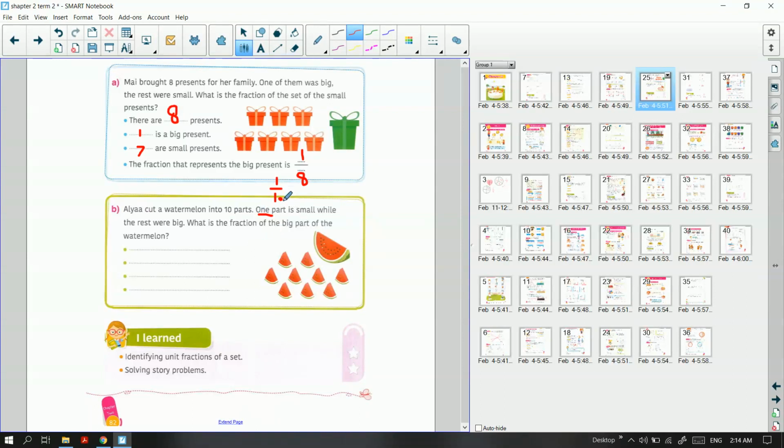Only one part is small. The total number is 10. So the big part of the watermelon is 9 over 10.